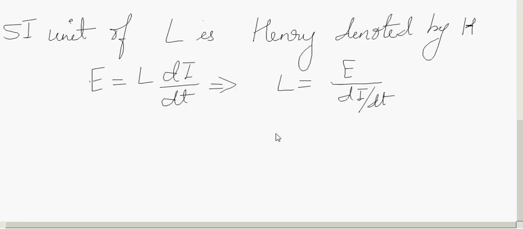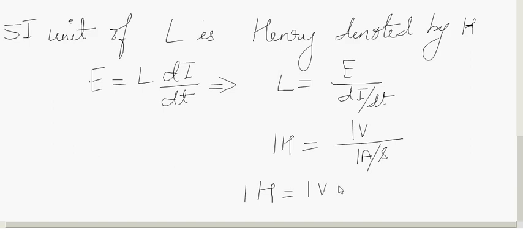So this will become 1 Henry when E is 1 volt and the rate of change of current is 1 ampere per second. So 1 Henry is equal to 1 volt, and second will come to the numerator, volt second per ampere, right? L in henries, E in volts, di by dt in ampere per second.